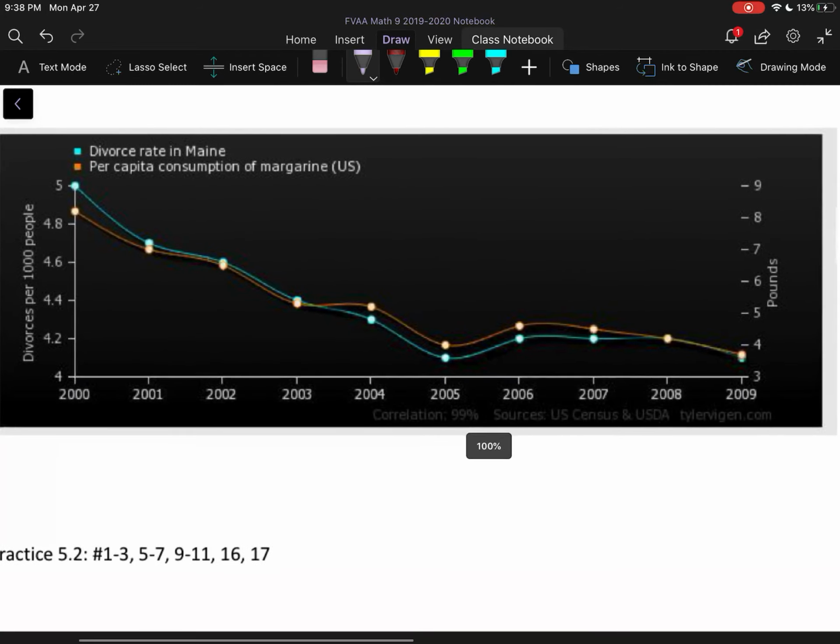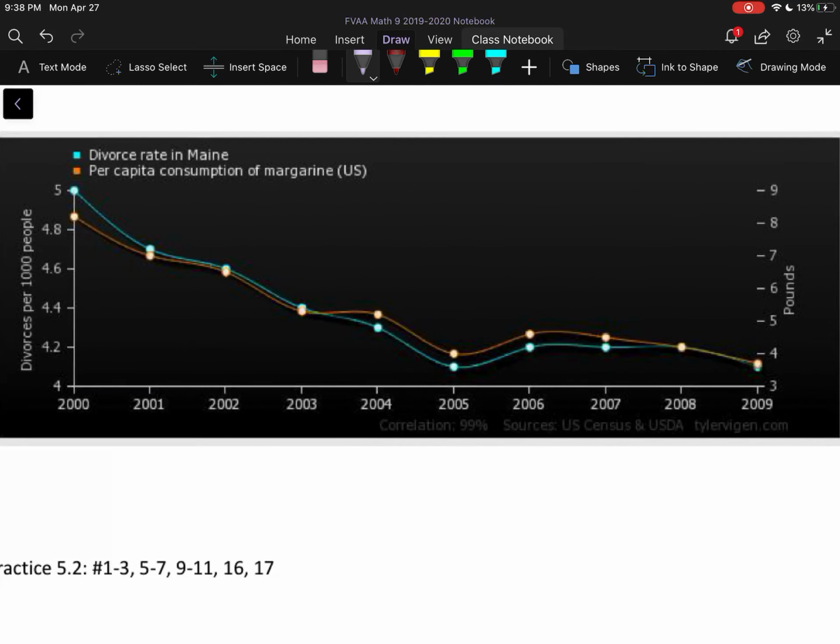Similar to this one here, divorce rates in Maine, and also the per capita consumption of margarine. So it turns out that if you want to have a happy marriage, according to this graph, you need to reduce your margarine consumption, right?